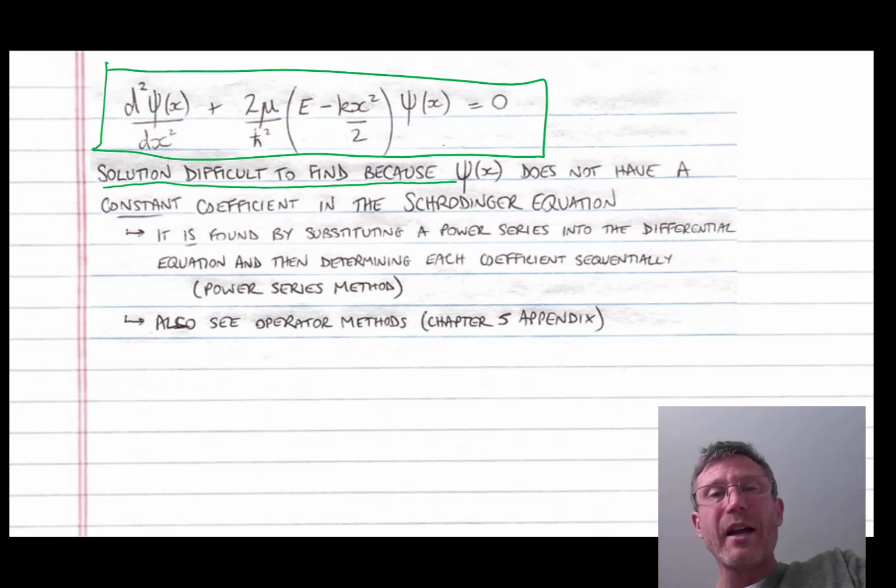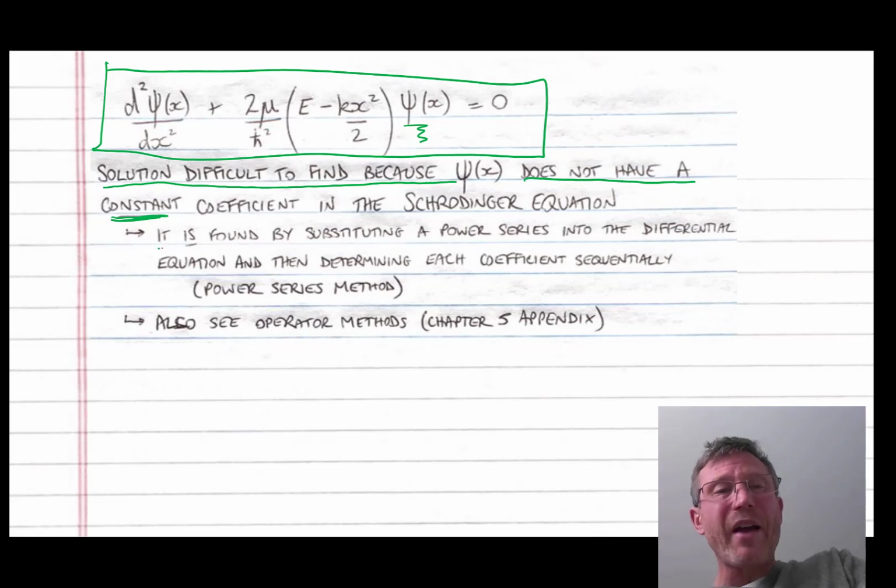Why? Well, it turns out that this psi term in here does not have a constant coefficient. So the coefficient here includes a term associated with x squared, right? So it's not a constant coefficient. So this makes the solution of this problem, this eigenvalue problem, really difficult.